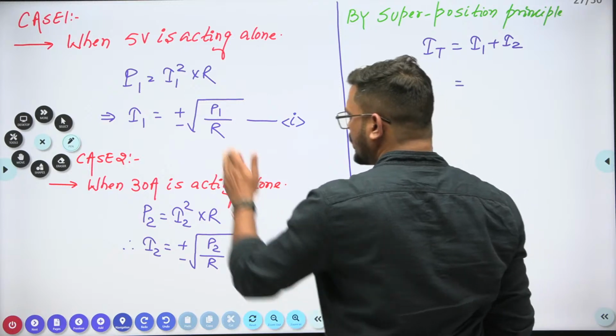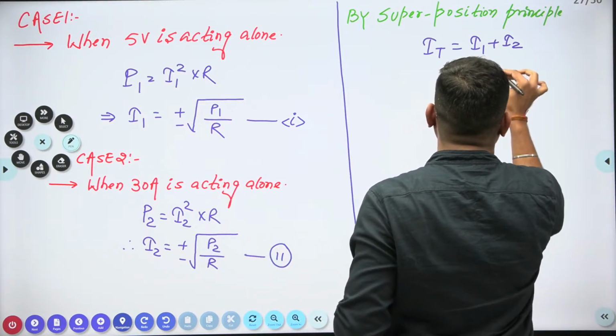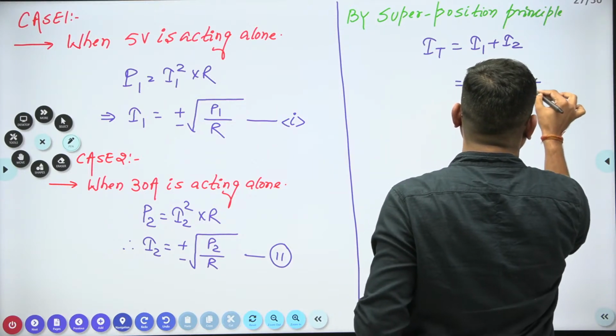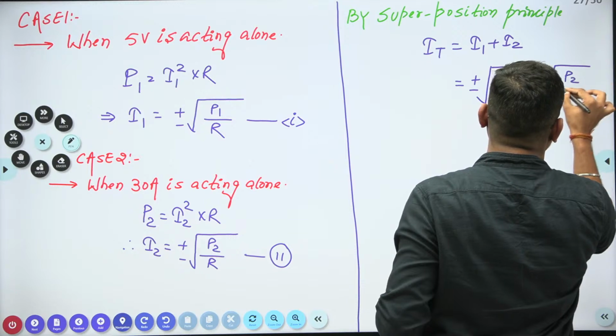What is the value of I1? This is nothing but plus minus root over P1 by R, and plus minus root over P2 by R.